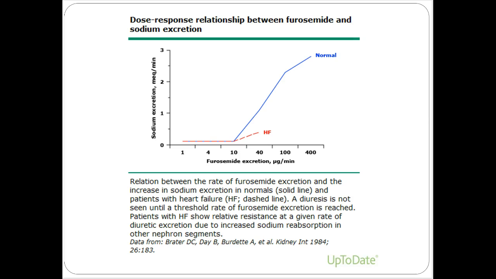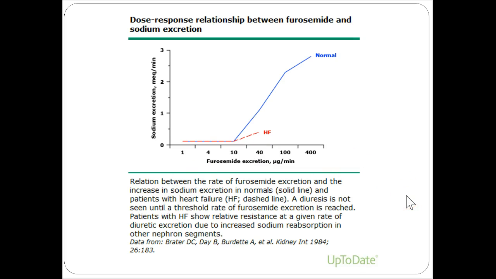This chart I pulled out of UpToDate shows you the differences between furosemide and sodium excretion. So sodium excretion is a surrogate marker for how well loop diuretics work and how functional they are. And this just shows kind of an interesting side note. This isn't really something I care that you spend a lot of time delving into, but you can read the caption here, obviously, as well as I can.